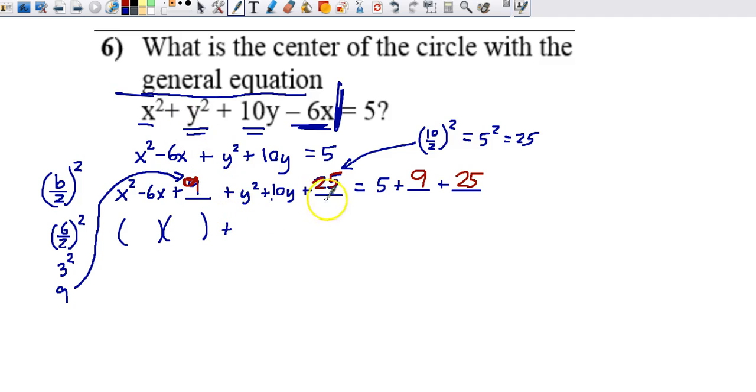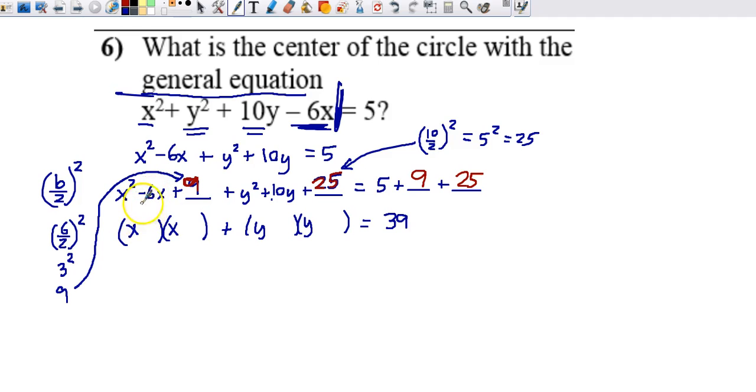Same thing here, what multiplies to 25 and adds to 10. And we want to add these together. So 5 plus 9 plus 25, the 5 and 25 make 30, so 30 plus 9 is 39. So I know that part's 39.